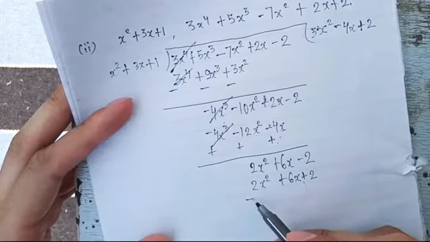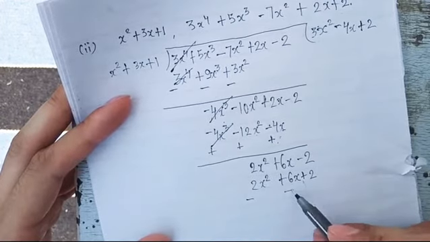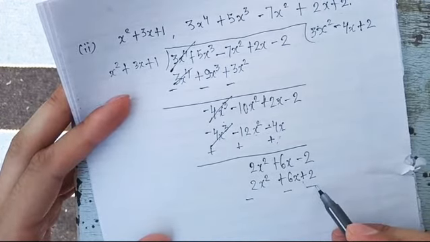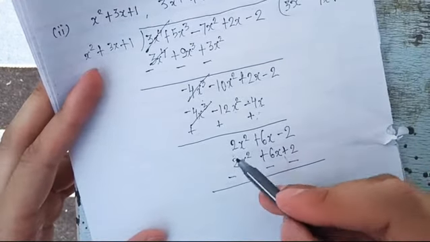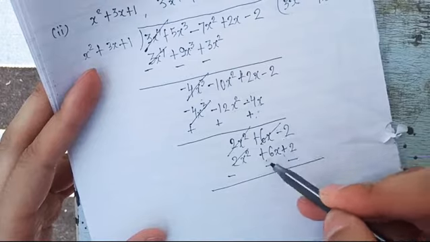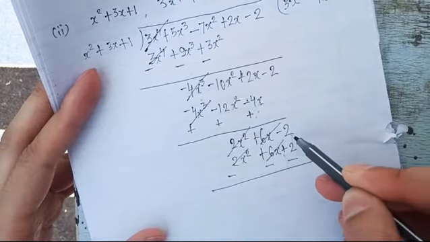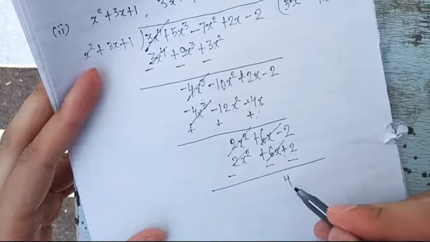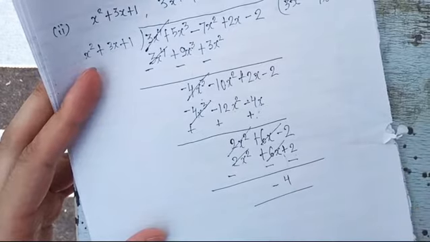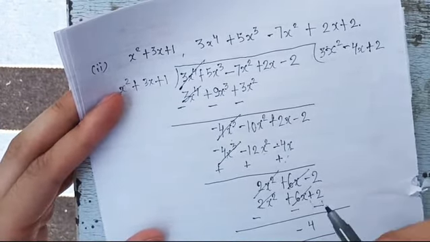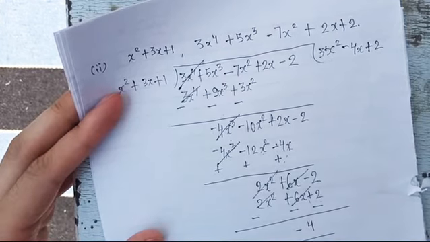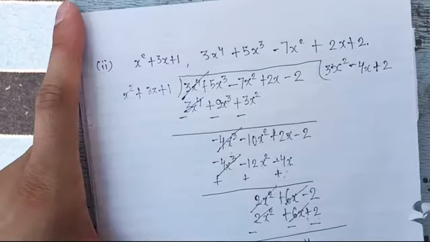Now changing the sign, minus, minus, minus. Now you see they will cancel out, 6x and 6x will cancel out, and minus 2 will become minus 4. Minus 2 will become minus 4.